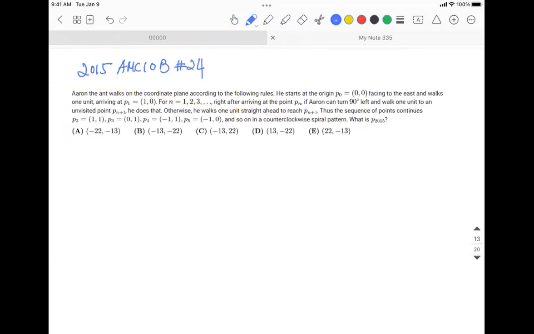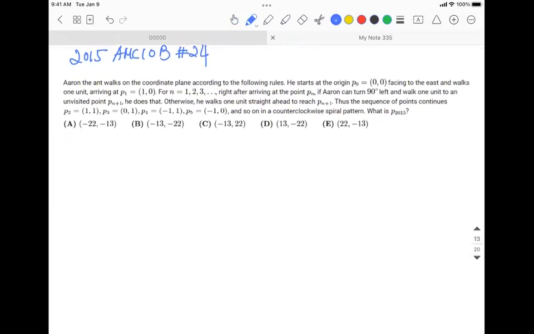It's pretty much like the last problem from AMC 10B. This problem looks a little bit complicated and confusing, but as long as you really list out the first couple of terms and find a pattern, this problem can be very easy. There's nothing tricky for such a problem.